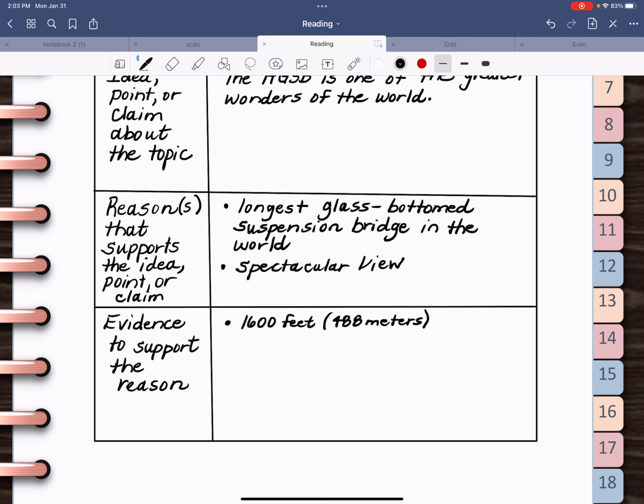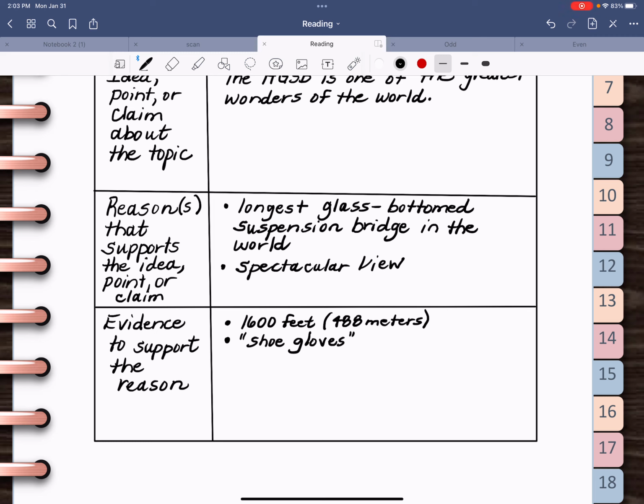So what evidence does he offer about the glass bottom? He tells me that, first of all, I can see there's a glass bottom if I can see the bridge, but I can't see the bridge. But he talks about these shoe gloves that are necessary for people to walk on this bridge to protect that glass.